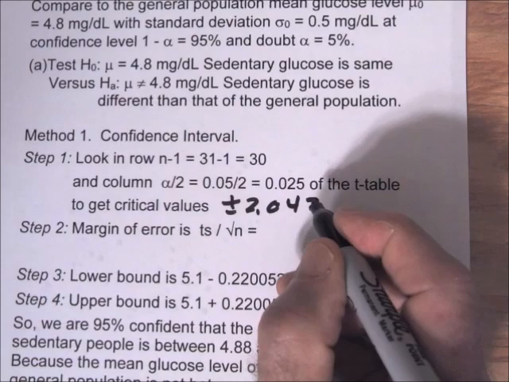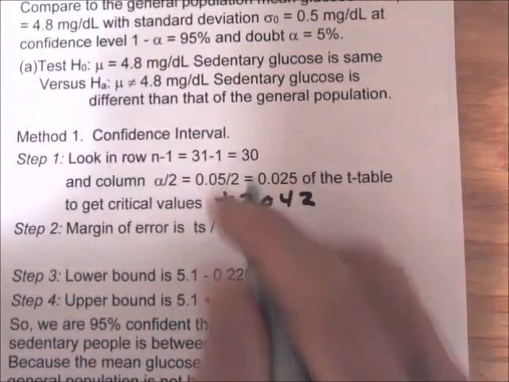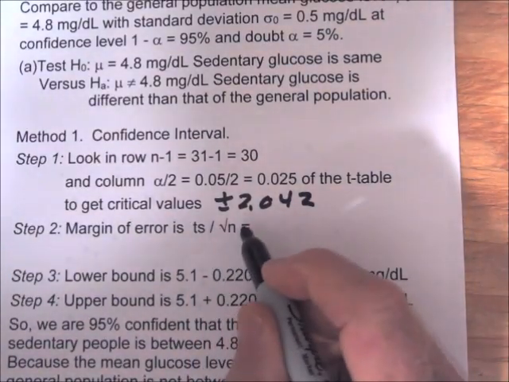The margin of error would be t times s divided by square root of n.